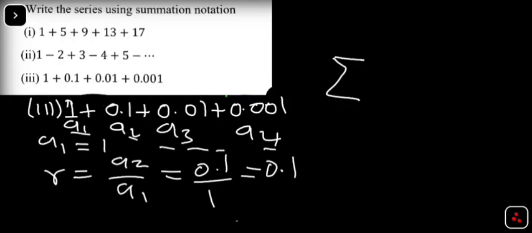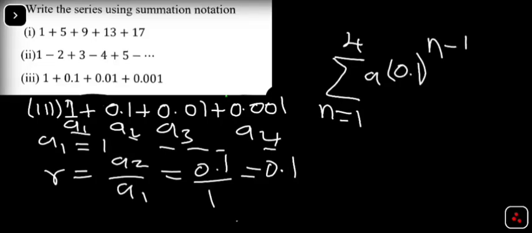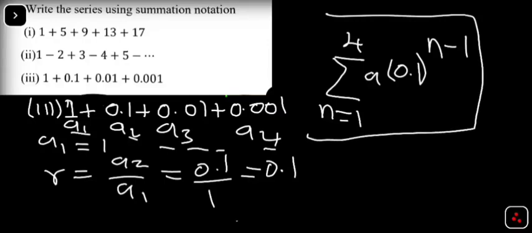We have 4 terms. Our first term is equal to 1, so you're going to write a, our common ratio, which is 0.1, to the n minus 1. So this is our summation notation.